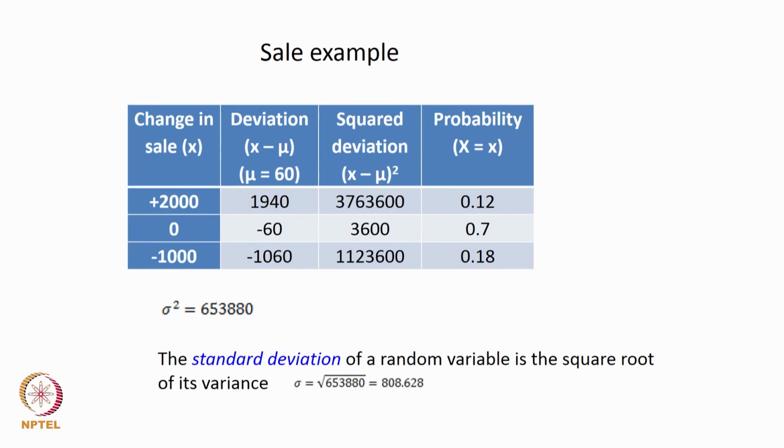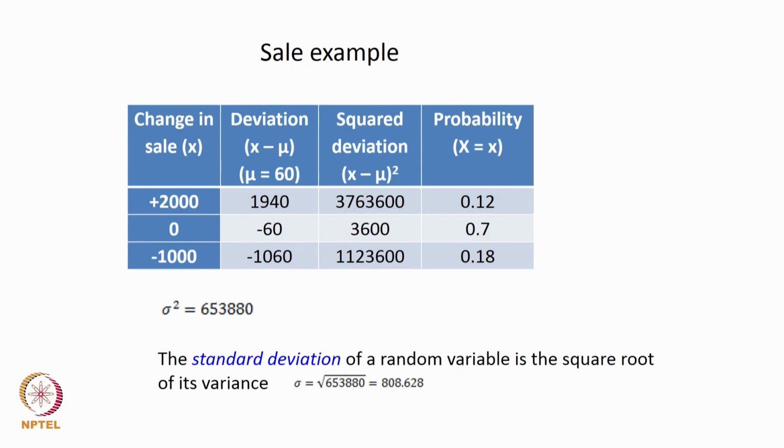Now, to compute the variance and standard deviation, we first find out the deviation, which is x minus mu. So, 2000 minus 60 is 1940, 0 minus 60 is minus 60, minus 1000 minus 60 is minus 1060.